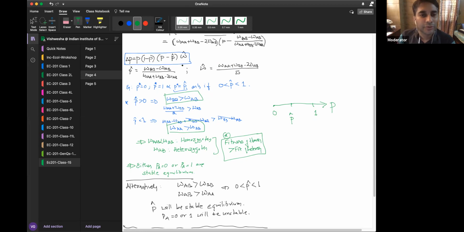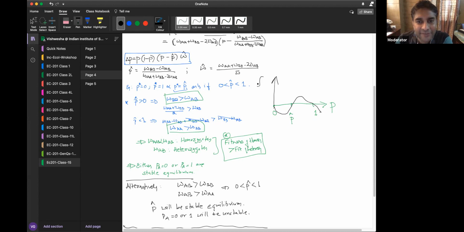Now, how will this function look when omega bar is positive? That you can just plot. Let me know if I'm right or wrong. If omega bar is positive, this will look like this. This is the left-hand side.